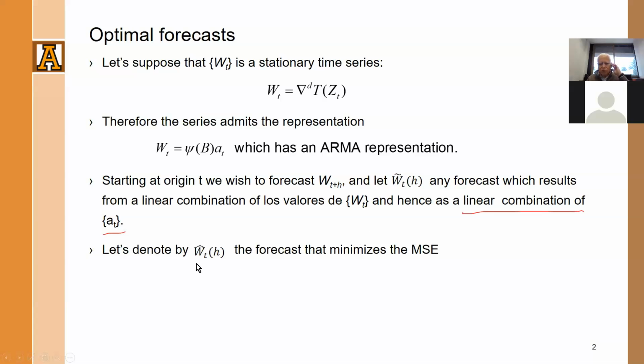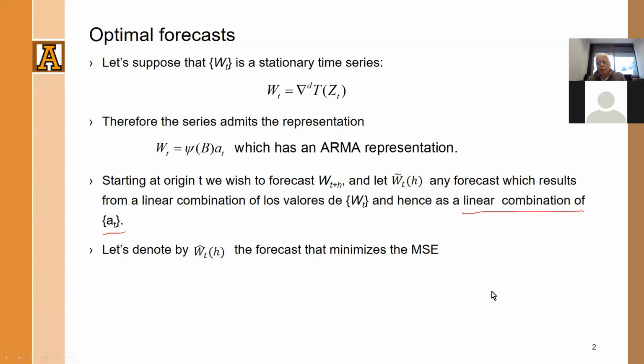So we'll denote by W hat, with the hat instead of the tilde, at T of H, the forecast H periods ahead of WT, that we estimate that minimizes the mean square error. That's going to be the optimal forecast, the one that minimizes the mean square error.